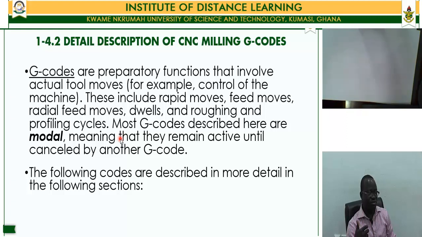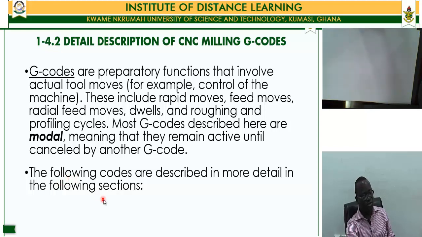Now, these codes involve what we call the rapid moves, feed moves, radial feed, dwells, roughing, and profiling cycles. And they are basically codes that command the tool to move in a particular way to perform a particular function.